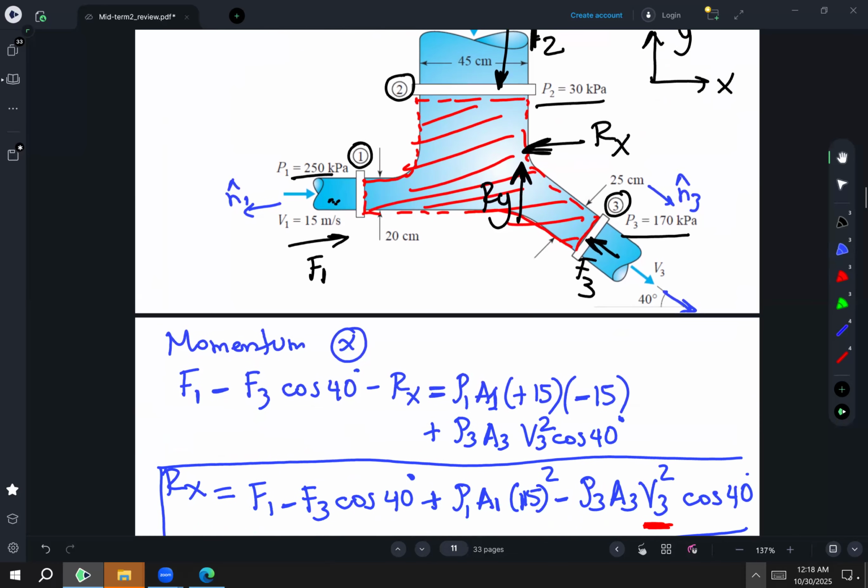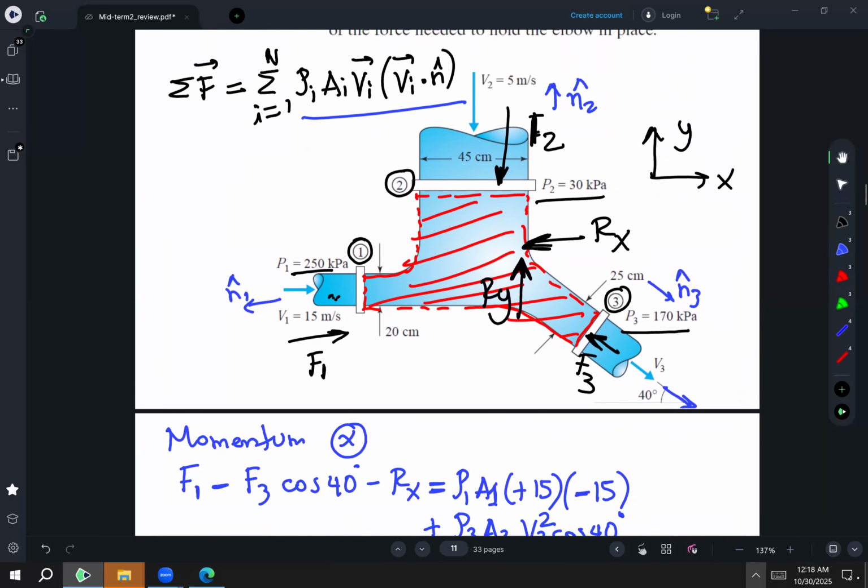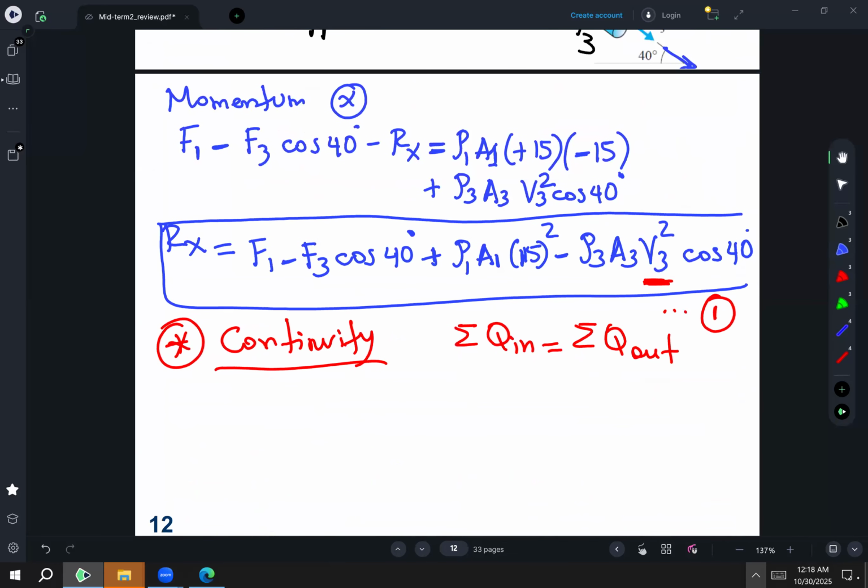So Q1 plus Q2 will be equal to Q3. Q1 is velocity 1 times area 1, Q2 is velocity 2 times area 2, and Q3 is velocity 3 times area 3.